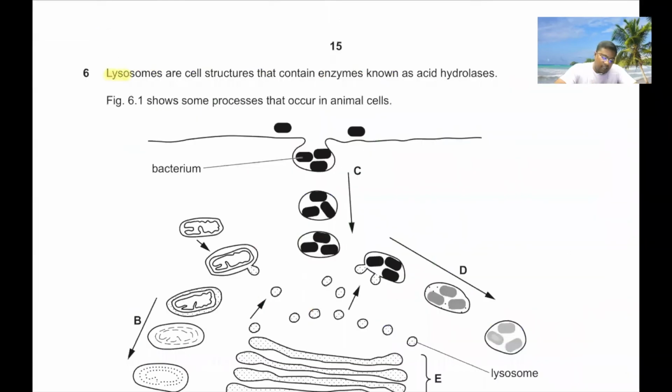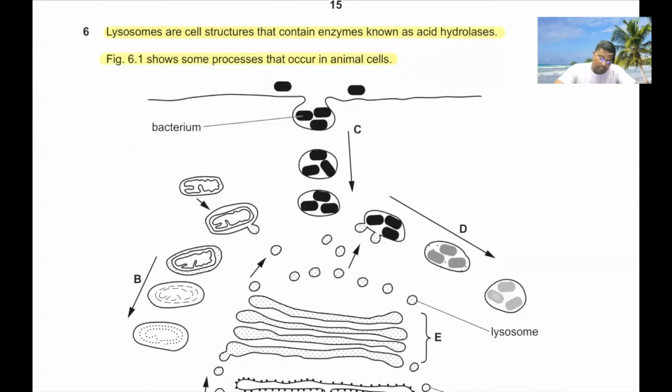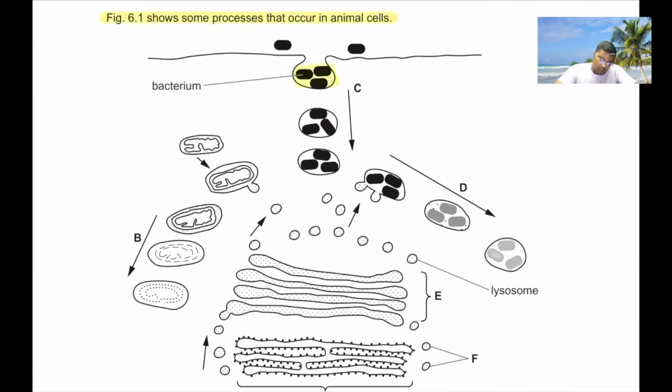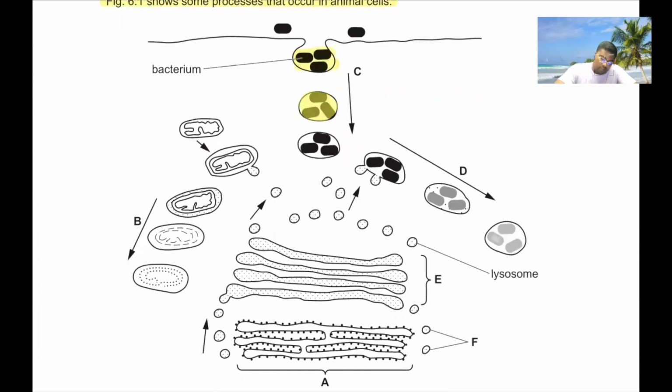Question number 6. Lysosomes are cell structure that contain enzyme known as acid hydrolases. Figure 6.1 shows some processes that occur in animal cell. So we can see bacterium. Bacterium ingested and formed vesicles. All right, the vesicles then are fused with lysosomes, and lysosome digests it.